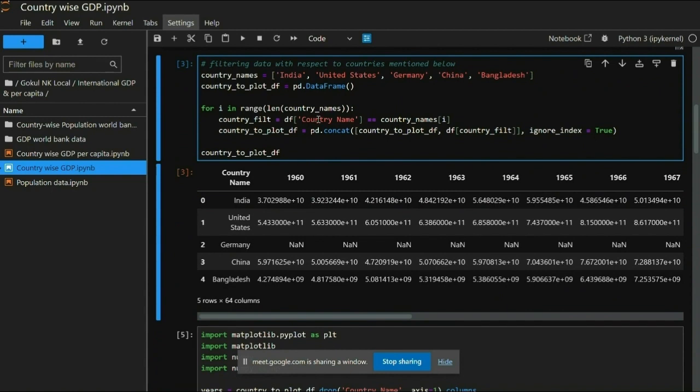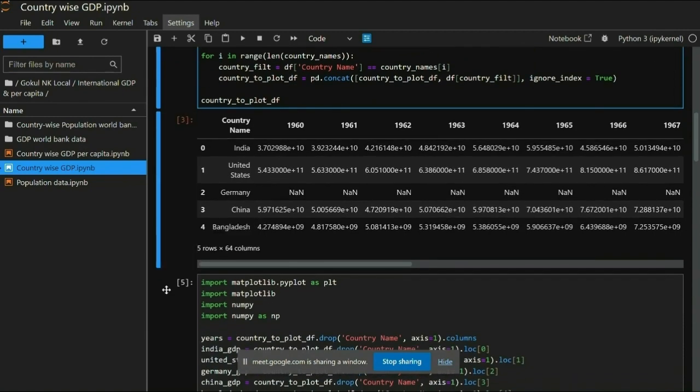The reason we went with these specific countries: India, because we are interested in India; United States, which is the aspirational country; and Germany, because we wanted to pick one country from Europe. China, because China and India are comparable in population and are neighbors. And we picked Bangladesh because it is a developing country that has made a lot of progress recently. So instead of looking at all countries, we wanted to look at the data for these 5 countries, which will give us some insights.